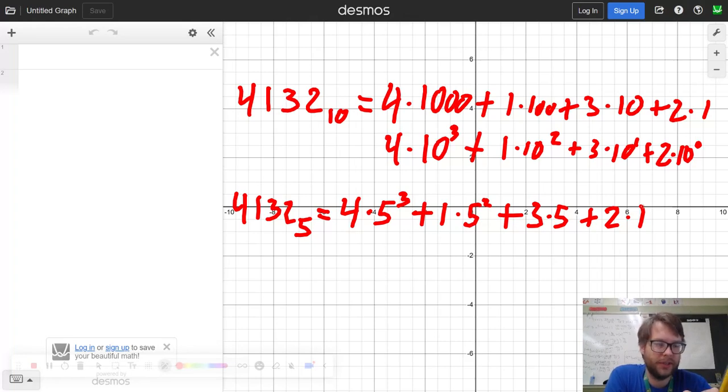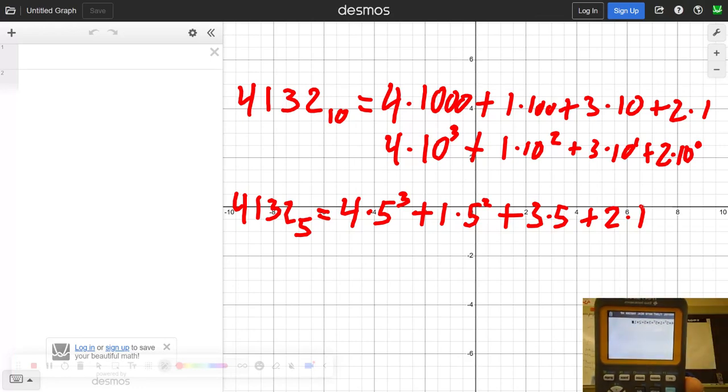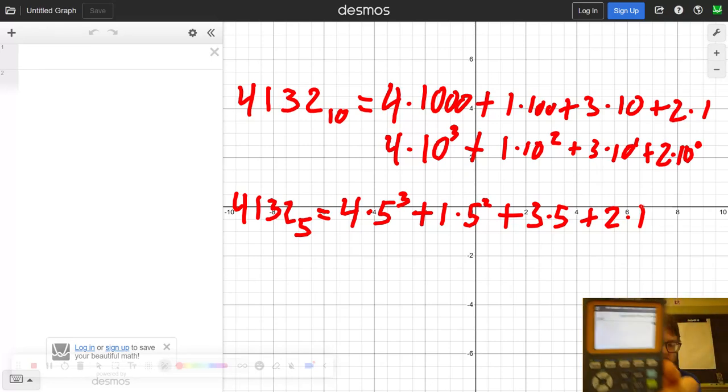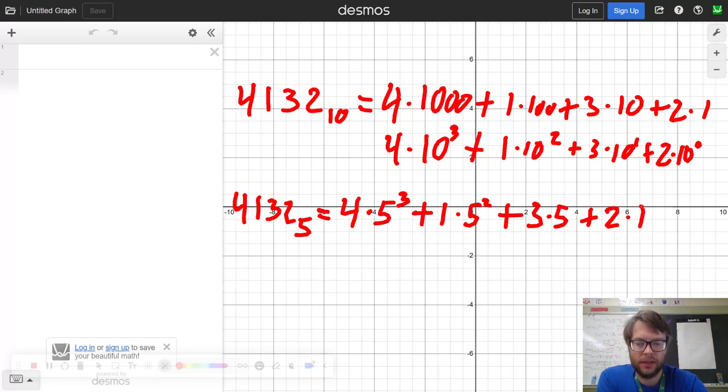I actually don't know off the top of my head. That'd be weird if I knew that off the top of my head. So see, I just typed it into the calculator like that, and it gives me 542. So apparently, this number is 542 written in a base of 10.